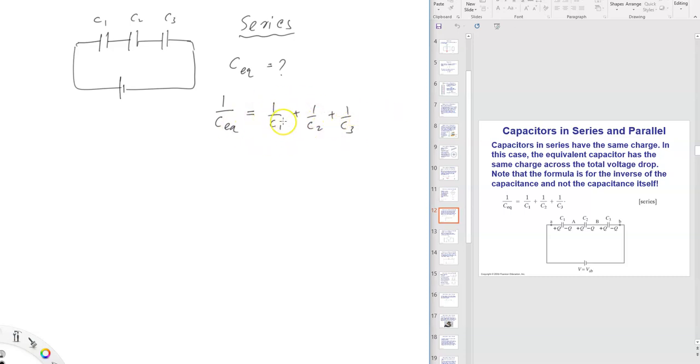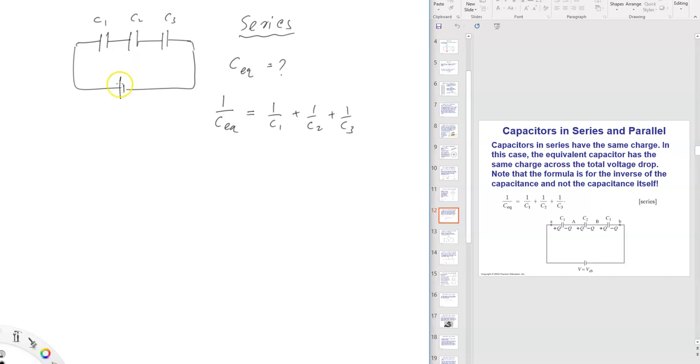Once you have an answer, then you go back and find CEQ. So these are two things to remember. If they are parallel, you just add the numbers. If they are series, you add them as the reciprocal. 1 over the number, we call it the reciprocal. So you add the reciprocals and then turn it upside down and find the answer.